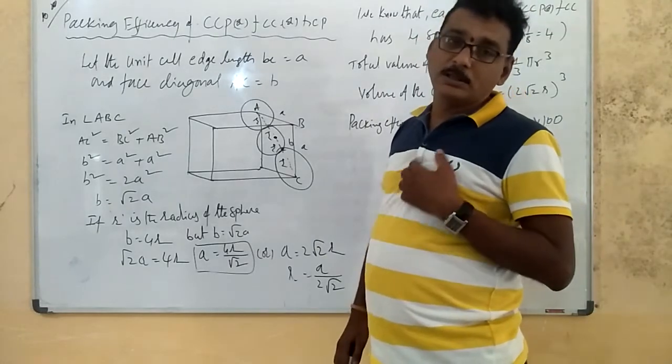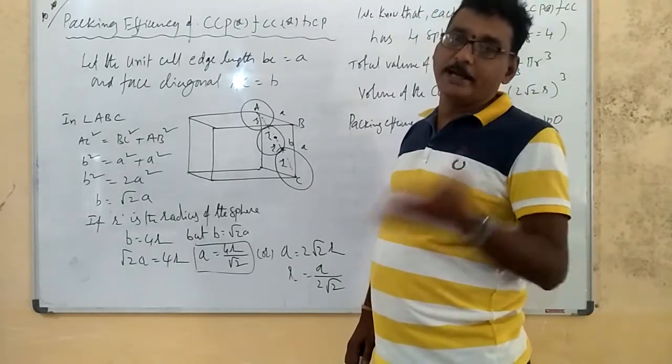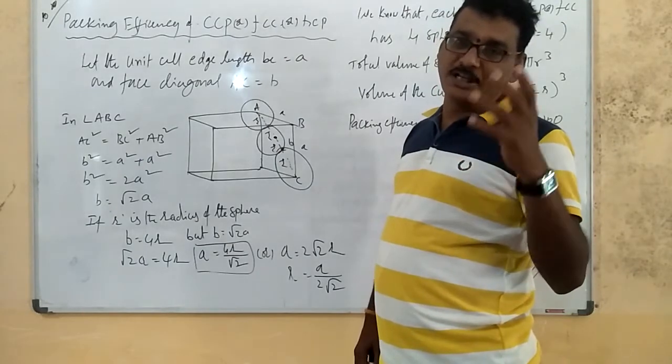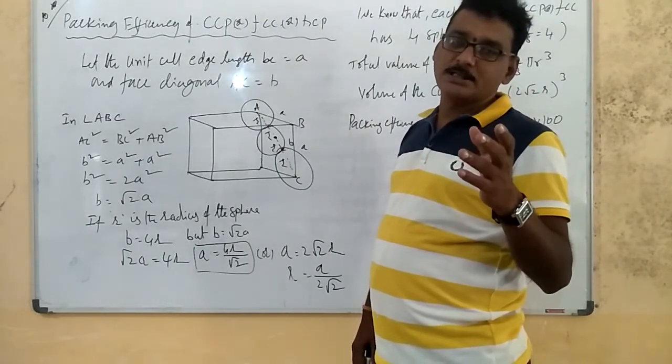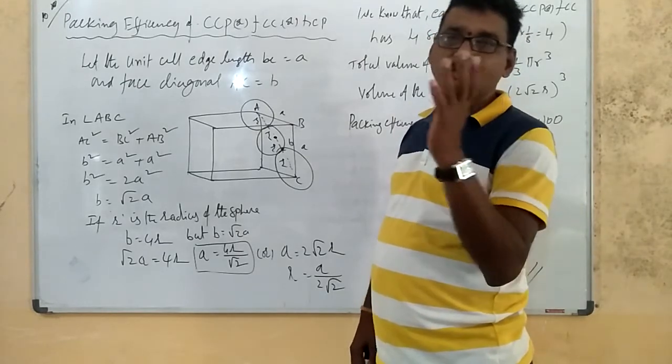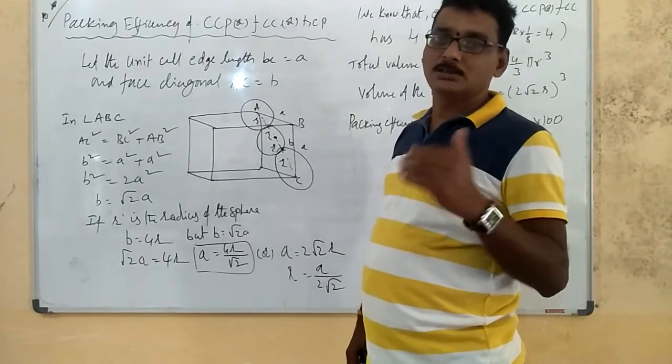Last class, for body centered, the body diagonal was taken. For each body diagonal having 3 spheres, 4r is equal to the edge length. Last class we explained that.